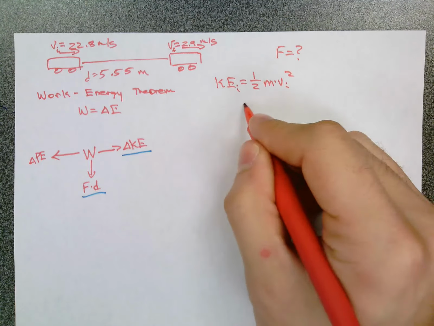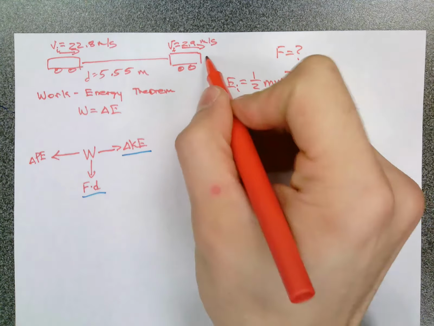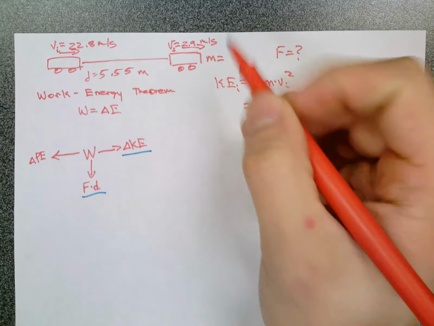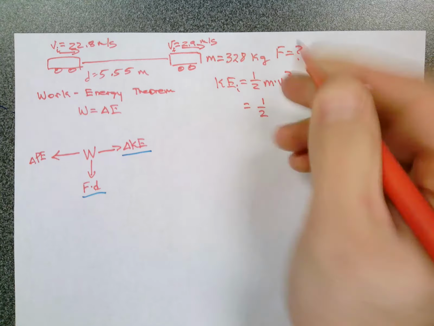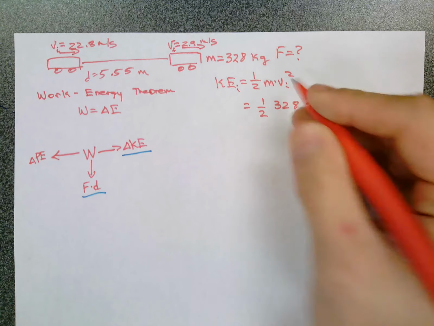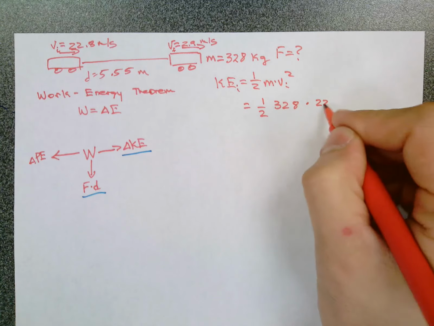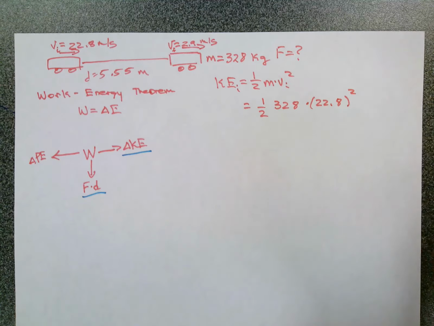Kinetic energy initial is equal to 1/2 the mass. And the mass is, I believe, 328 kilograms. 1/2 328 times velocity initial, which is 22.8, and you square the 22.8. Don't forget to square the 22.8.